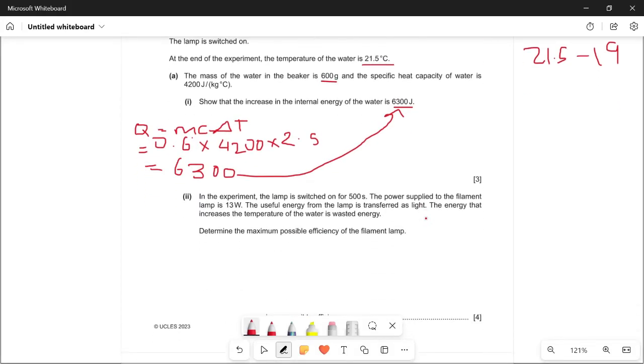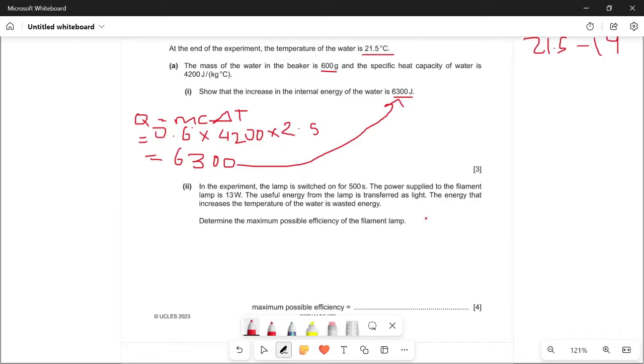Next question. In the experiment, the lamp is switched on for 500 seconds. The power supplied to the filament lamp is 13 watts. The useful energy from the lamp is transferred as light. The energy that increased the temperature of the water is wasted energy. Determine the maximum possible efficiency of the lamp.